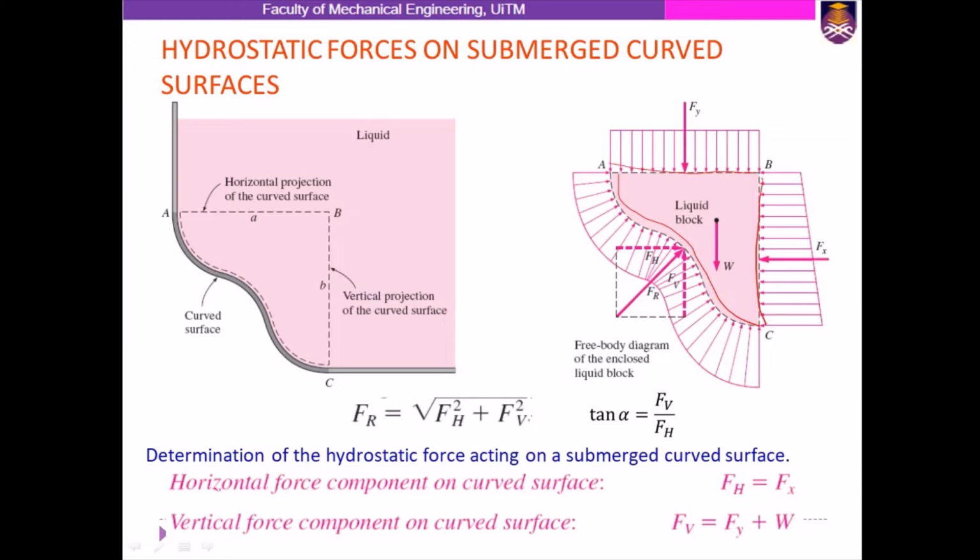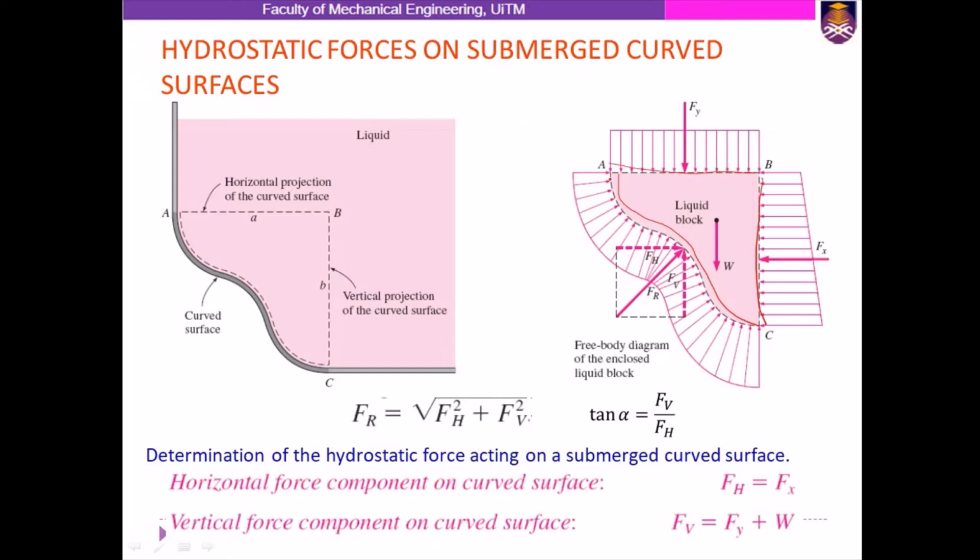The forces acting on the imaginary planes, so this is an imaginary plane because there is no plane over here, you just imagine there is a plane here, can be determined using the method of hydrostatic forces on submerged plane surfaces that we have learned before this.